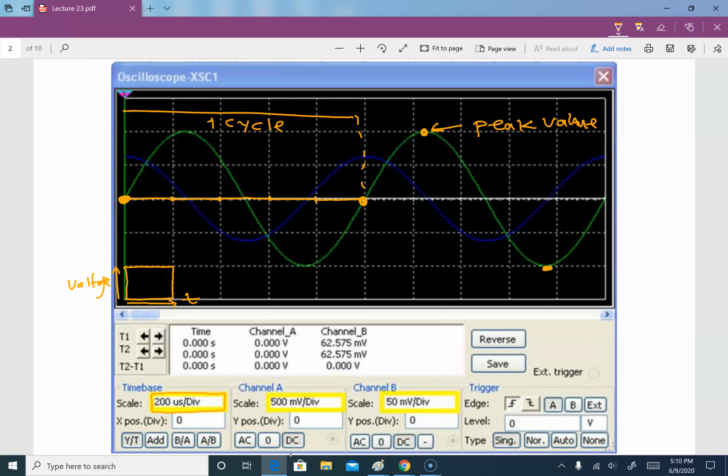So this is also a peak value, and from this point up to this point, we call that peak to peak.